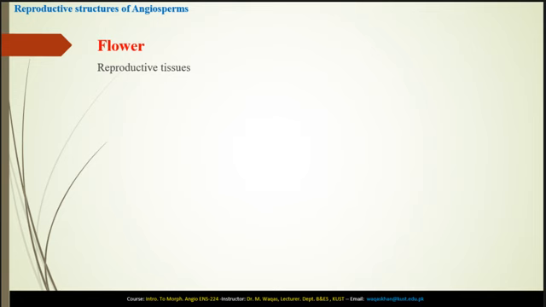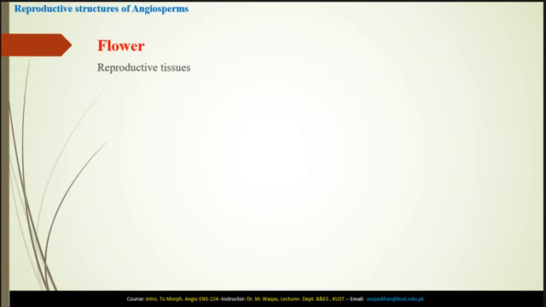As I told you in the previous slide, after fertilization, the seeds and fruits are produced. Basically, the fruits are derived from the different floral parts of the flower. Now, how are flowers produced?